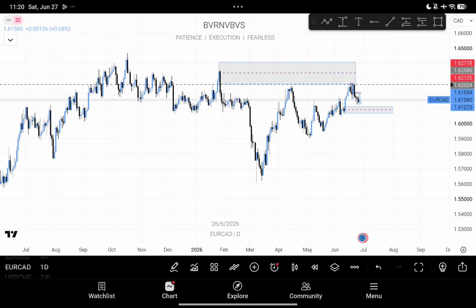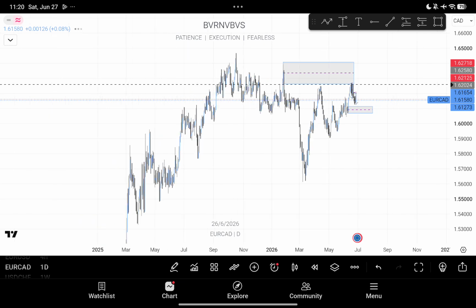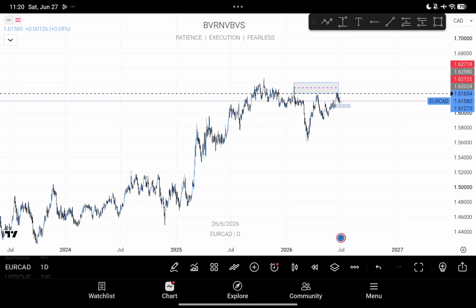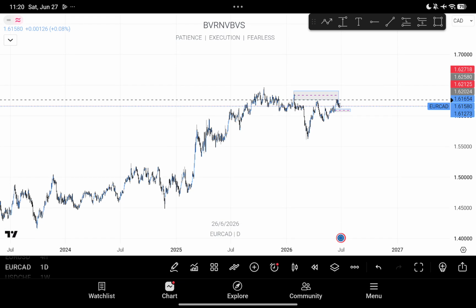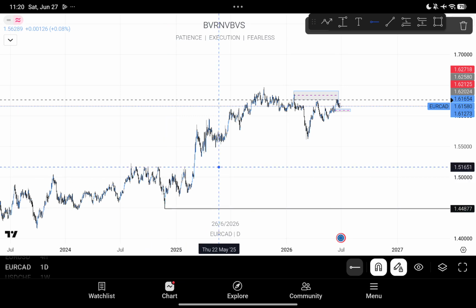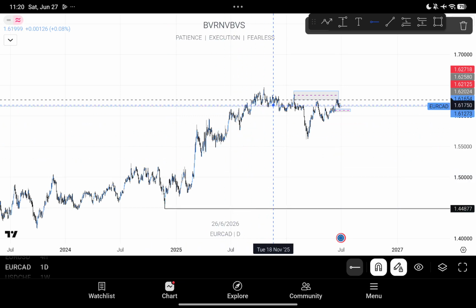Come to daily. This is the daily time frame. If you notice in this chart, you will realize that this chart is on an uptrend from this zone to this zone.